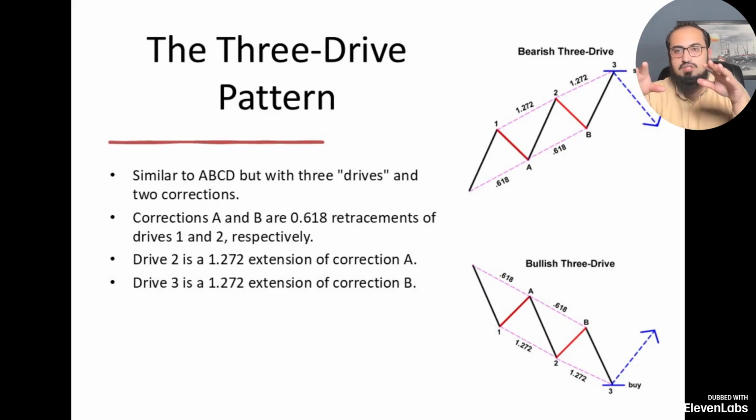So this is our calculation that we have to match. If the calculation does not match, then the pattern is invalid. The profit target will be a 0.618 retracement of the total movement. Your sell will be below or above the third drive, depending on whether it is bullish or bearish.